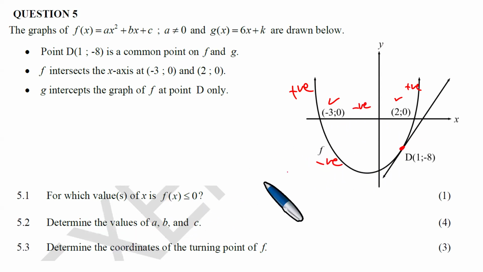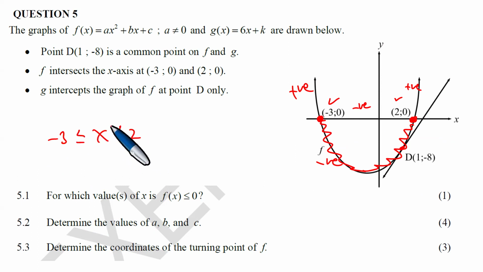So for the values of x where it is negative or 0, it is equal to 0 here, and it is negative all the way down here. So we're able to see clearly that it is between negative 3 and 2.